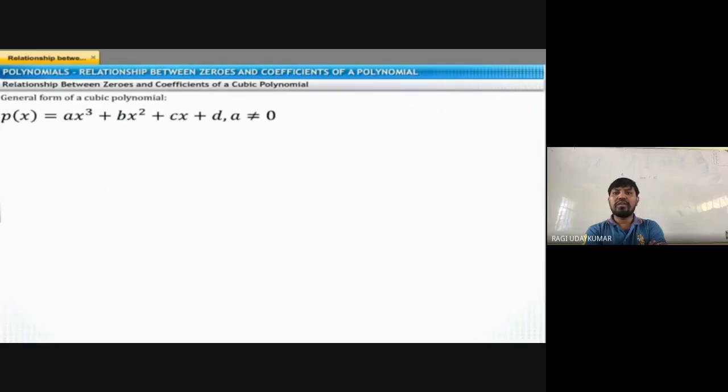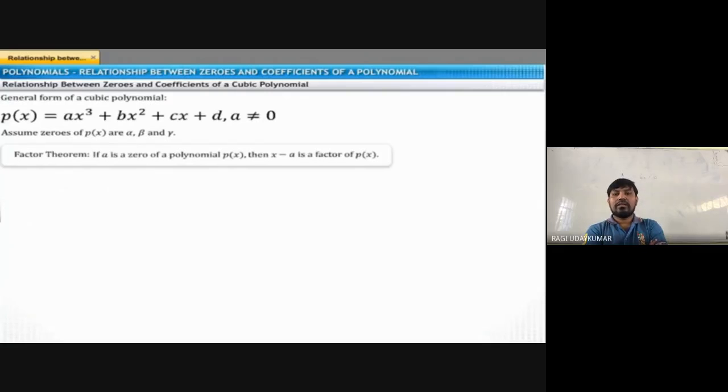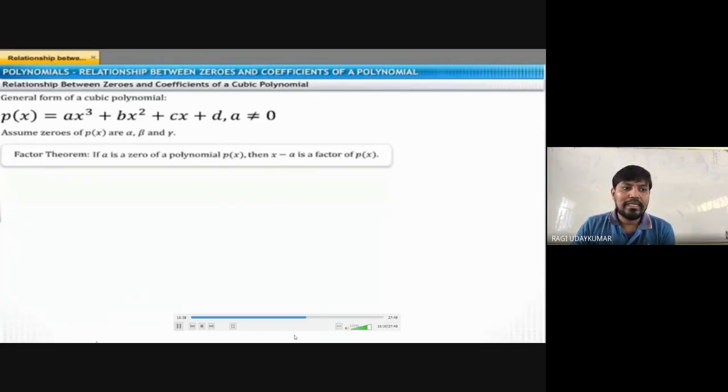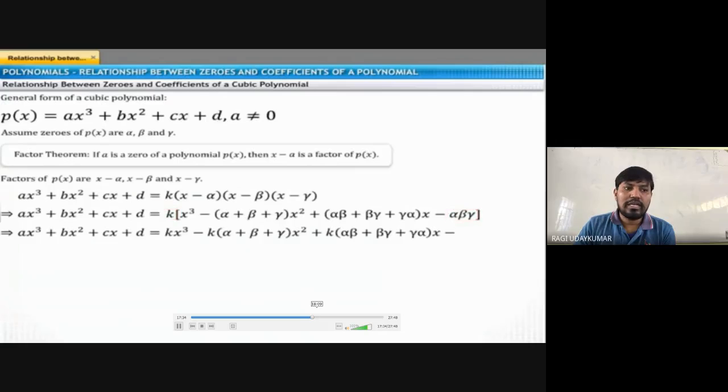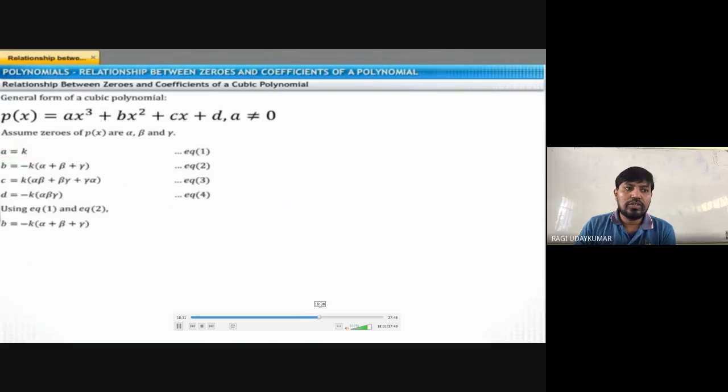Now let us see the cubic polynomial. Same way, if you proceed with the cubic polynomial, assuming the zeros are alpha, beta and gamma, then x minus alpha, x minus beta, x minus gamma become the factors of the polynomial. And in the same pattern, if you go on multiplying, we are going to get the relationship between the zeros and coefficients.